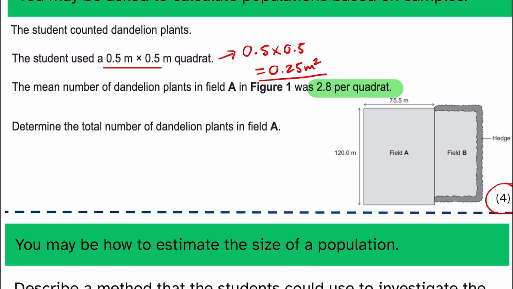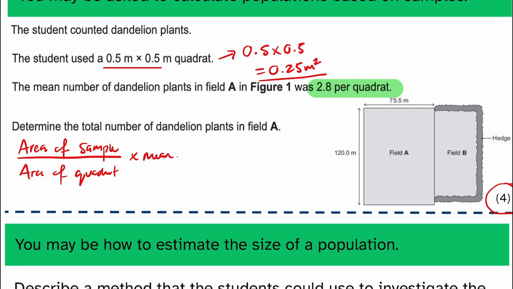So if we want to estimate it, it's the area of the field or the sample, divided by the area of the quadrat, multiplied by the mean number of organisms in one quadrat. Okay, so that is the formula that we're going to use.